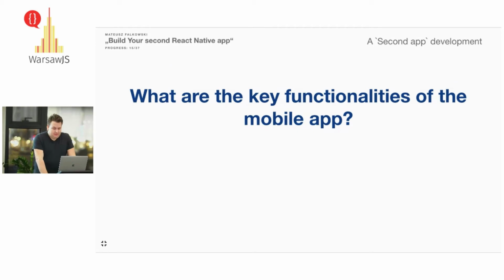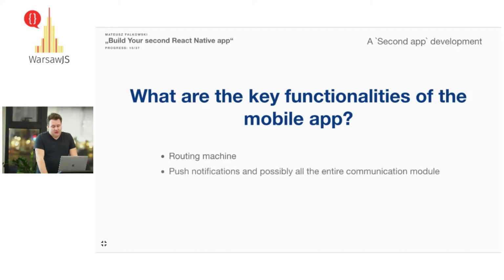Okay, so assuming that we have our first application ready, let's consider what the key functionalities of a mobile app are. It's routing: we have to route between the screens. We have to implement some push notifications, and possibly a chat communication module.